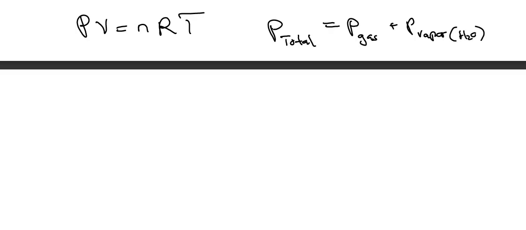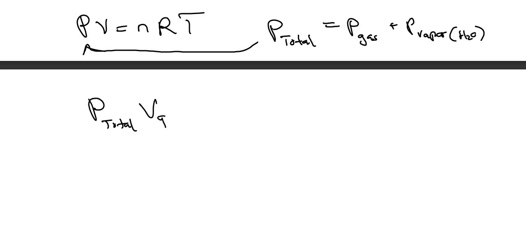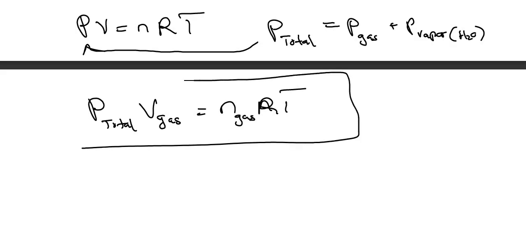This is the pressure we need to use there. Then to do the calculations, we have the total pressure times the volume of the gas alone equal to the number of moles of the gas times RT. So this is how we calculate anything regarding gas collected over water or over a certain solution.